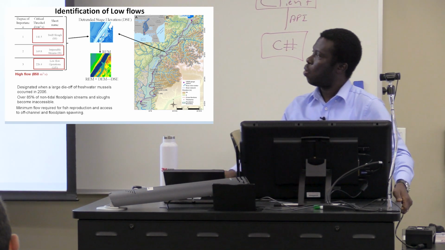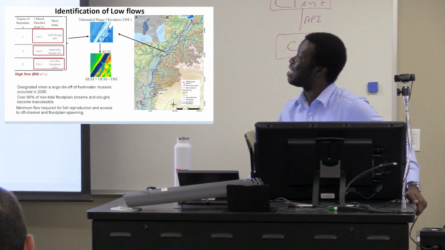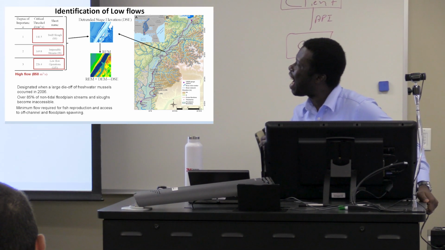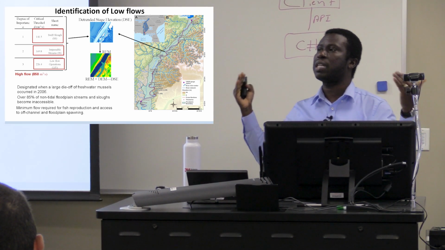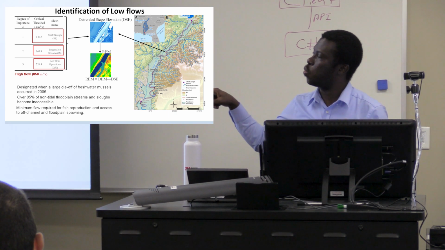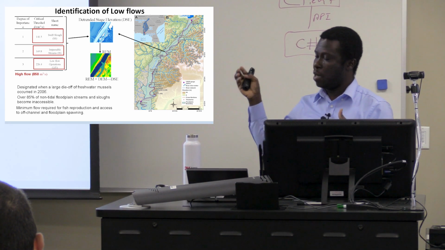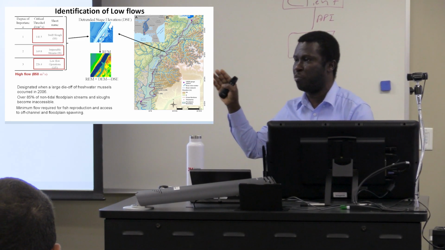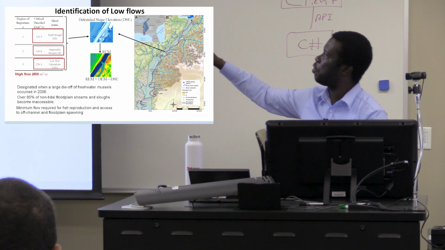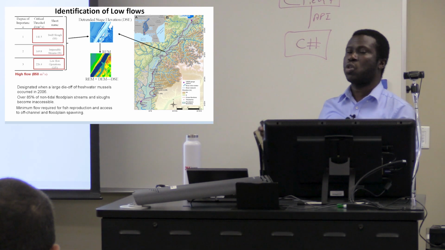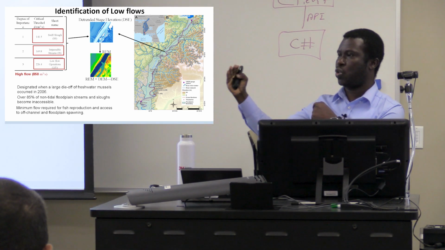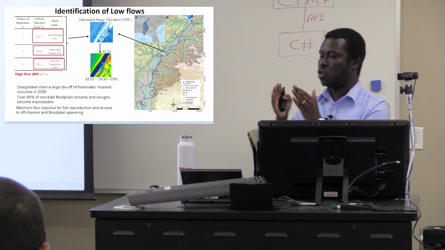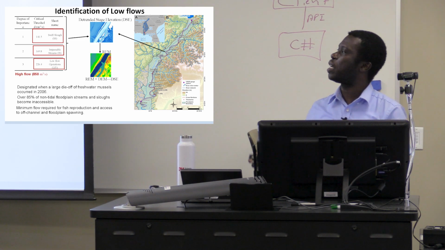The first one was designated in 2006 when a large number of freshwater mussels died off at Swift Slough. The idea is that when the water level was at 141.5 and below, all the freshwater mussels just died off. So this became an ecological threshold, the first threshold used to determine disconnectivity.